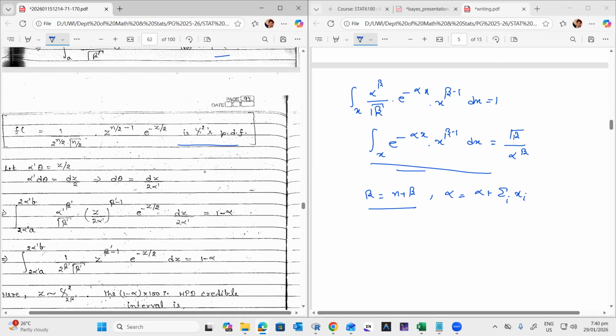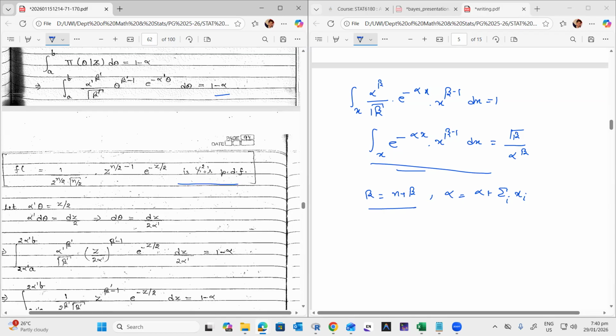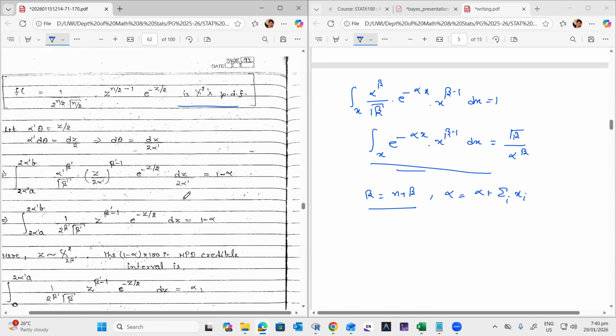So what is happening? We are going to consider alpha dash theta equals z by 2. Alright, so in that one, it will become alpha dash d theta equals dz by 2. So d theta equals dz upon 2 alpha dash, right?